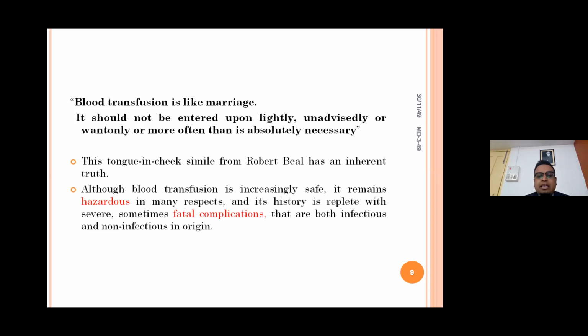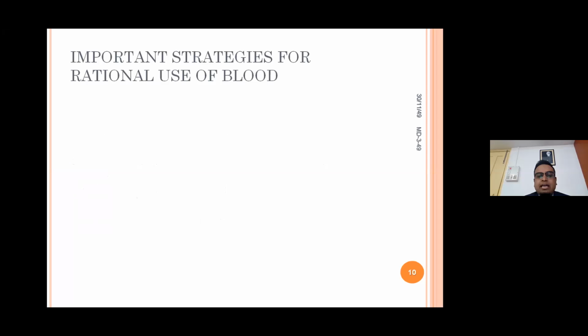So we have to be very careful when we plan a transfusion therapy, and therefore use blood and components only when the benefits outweigh the risks of blood transfusion.